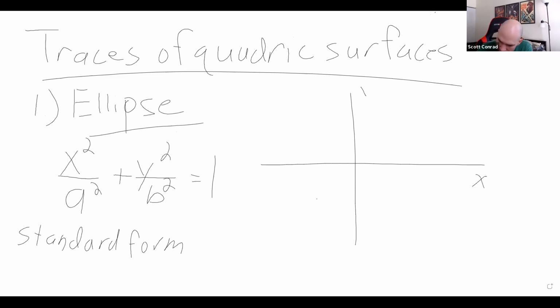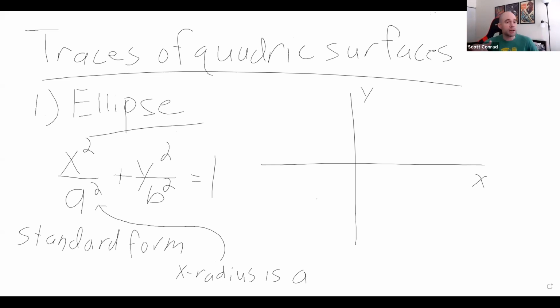So this involves x and y, so we're going to graph it in the xy plane. So basically, when you put it in the standard form, you have x squared over a squared. Not a technical term, but everyone knows what I mean when I say this, and it's easier than talking about semi-major and semi-minor axis and everything like that.